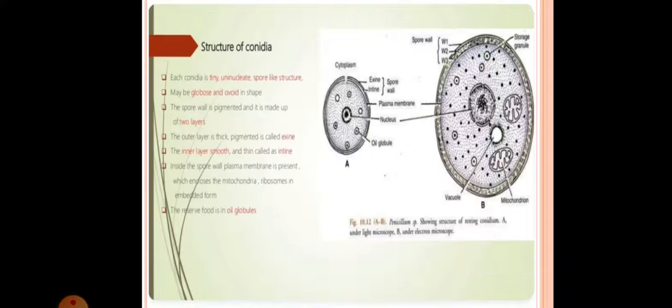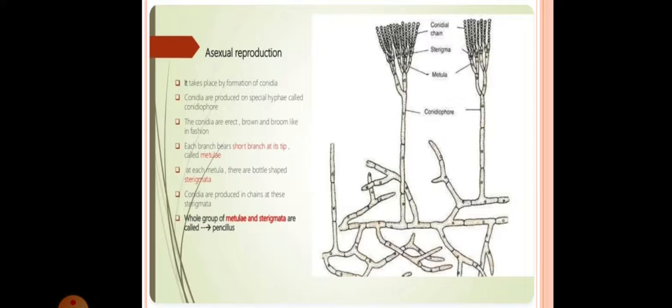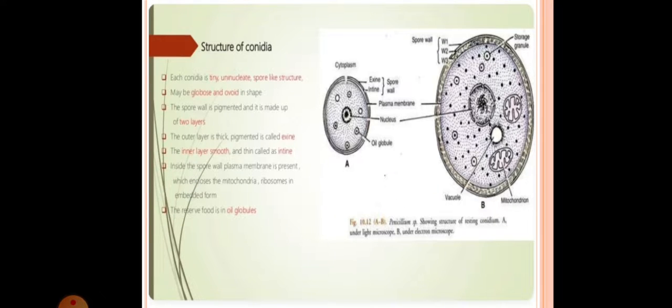So this is about the asexual reproduction. And next we'll see the structure of conidia. Here you can see the structure of conidia, and the single spore of the Penicillium is the conidium. Each conidium has a tiny uninucleated spore-like structure, globose or ovoid in shape. The spore wall is pigmented and made up of 2 layers. The outer layer is thick, pigmented, and called the exine.